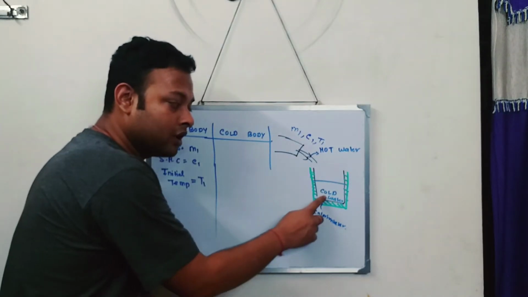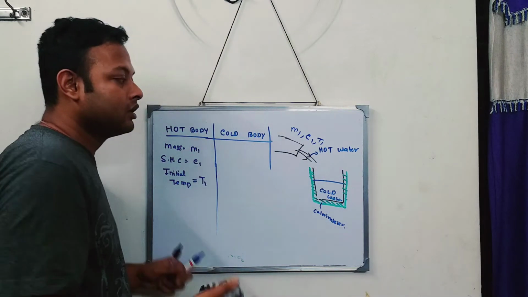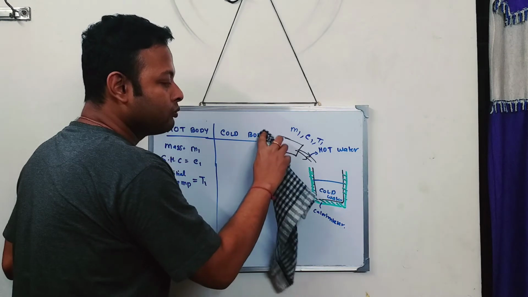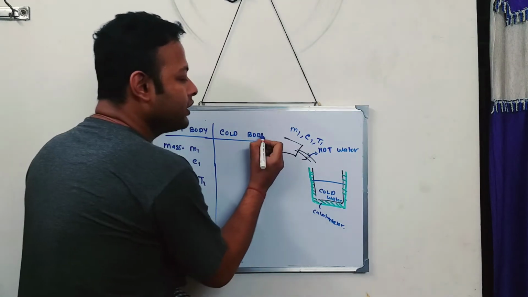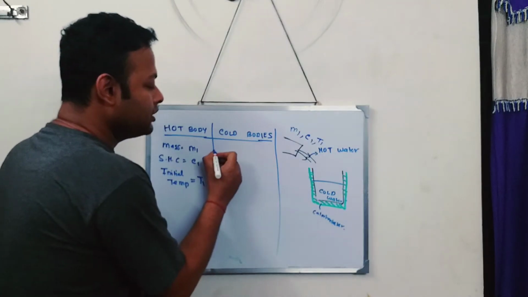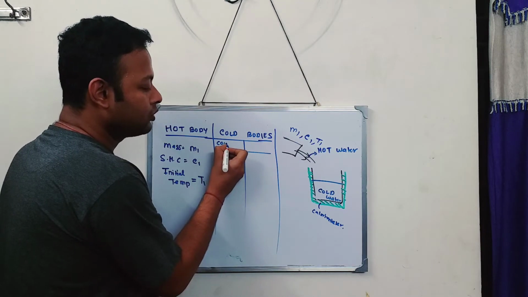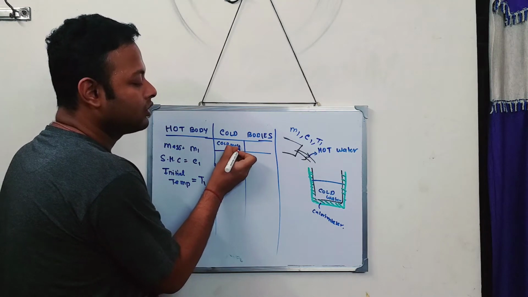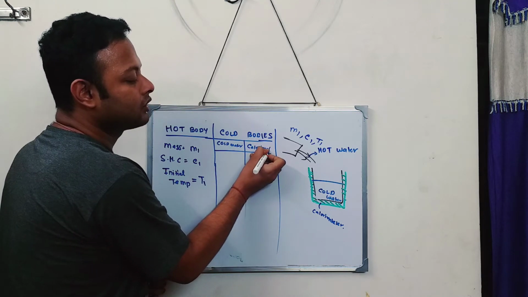So the cold water as well as the calorimeter, there are two cold bodies. One is the cold water, and the second is the calorimeter.